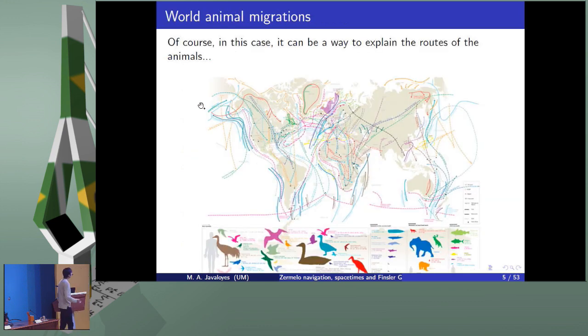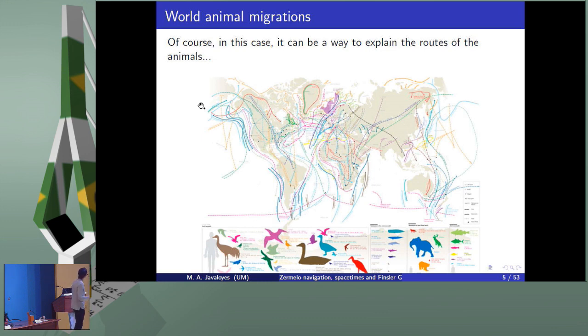For example, bear migrations: they can use the currents of the winds, and these currents are more or less stable. There are always the same currents. The same thing for fishes: there are also currents in the oceans.